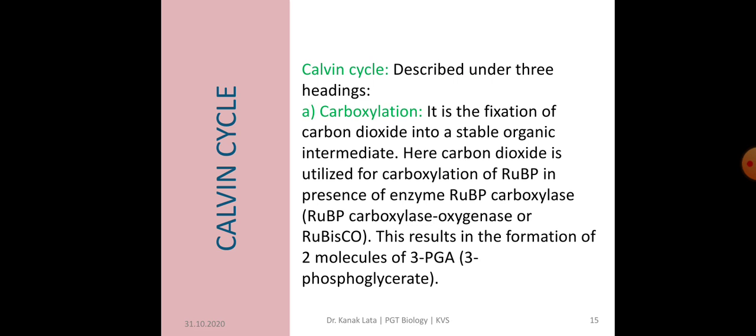Here CO2 is utilized for carboxylation of ribulose bisphosphate in the presence of the enzyme ribulose bisphosphate carboxylase, or better, ribulose bisphosphate carboxylase oxygenase, which we call Rubisco. Due to this, two molecules of 3-phosphoglycerate are formed.